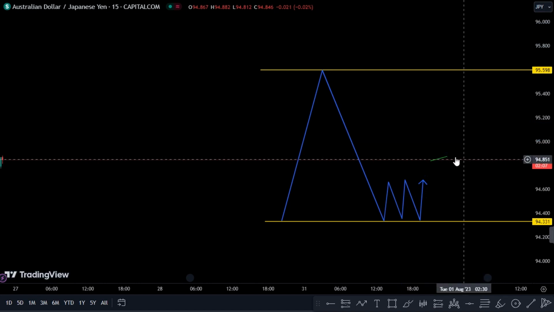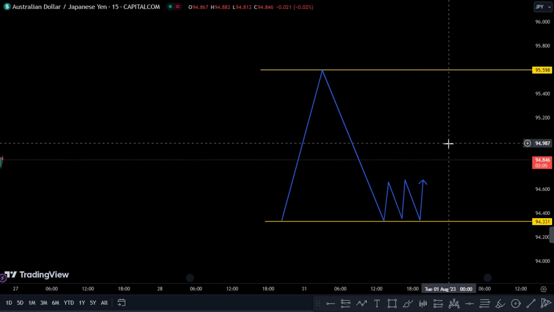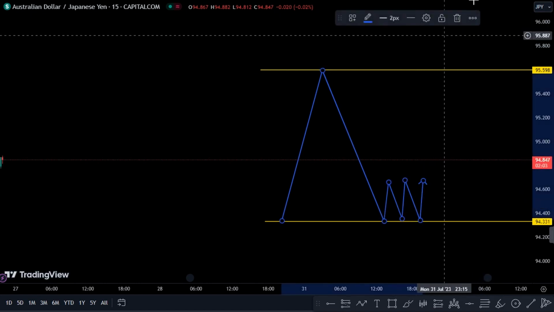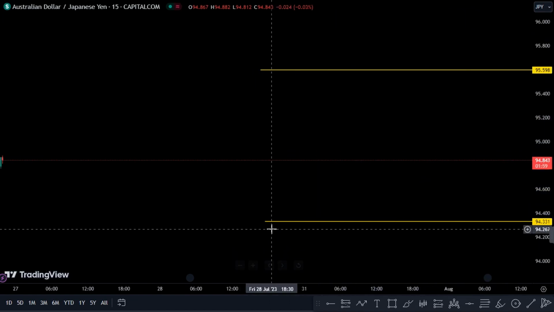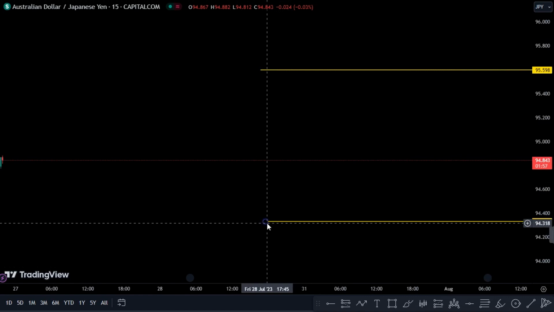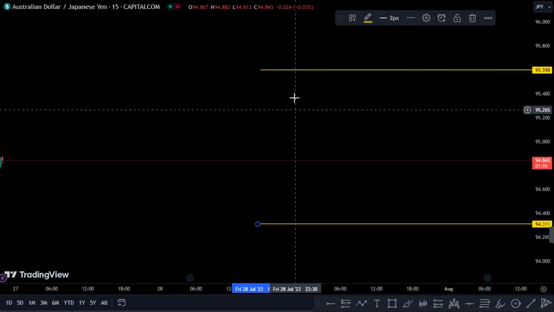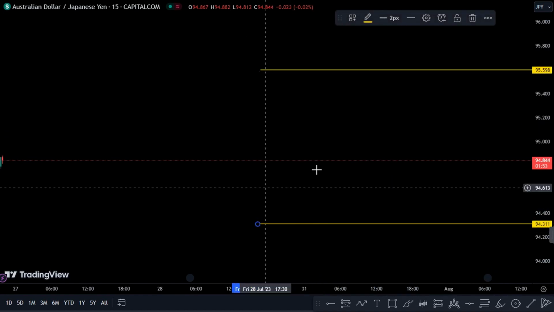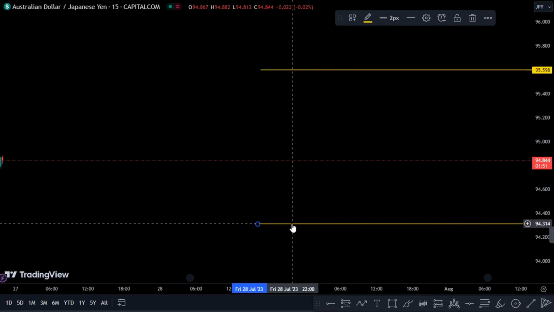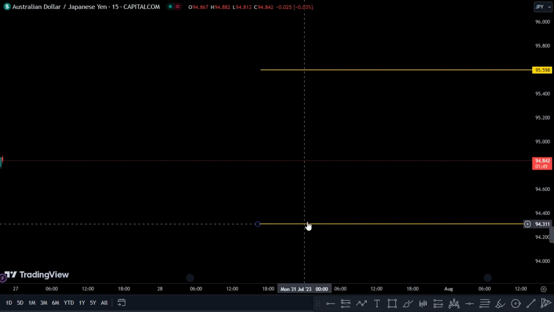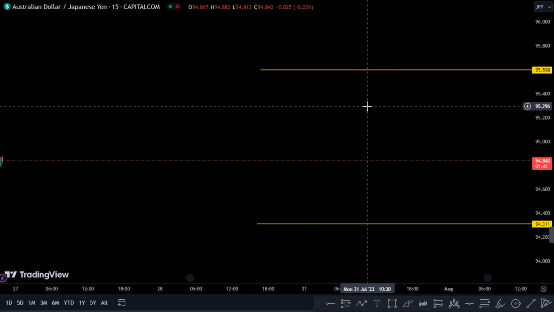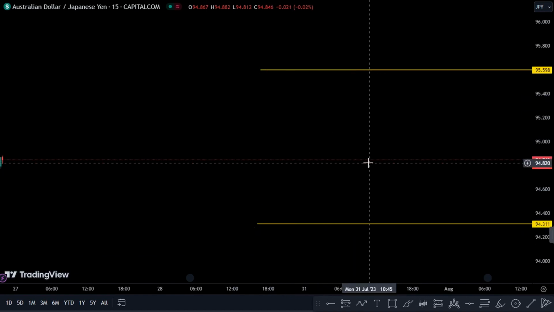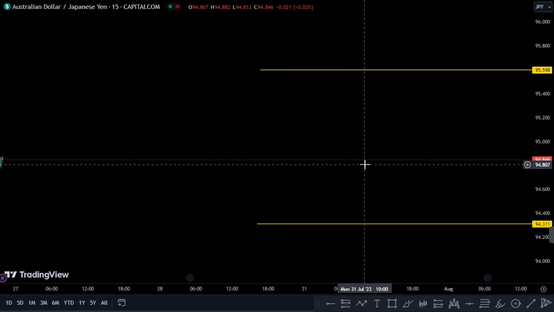So now that we have established, number one, that we have a swing high and a swing low, and number two, that our market simply moves in between those two significant zones, how we capitalize on the market is by how it is reacting on these zones, or how it is approaching one of these zones, up until one of these zones is broken, and then it serves as the opposite zone.